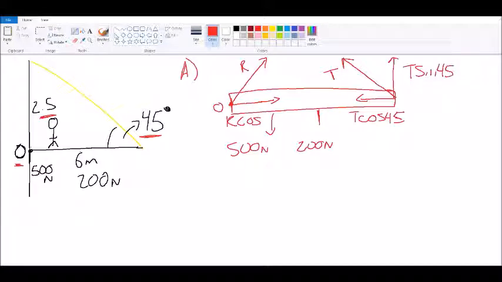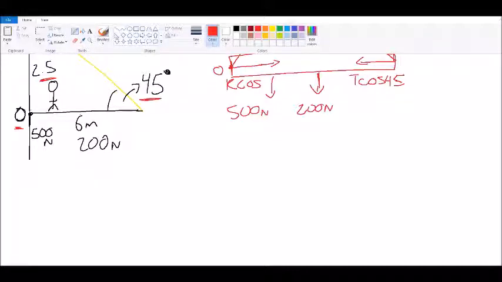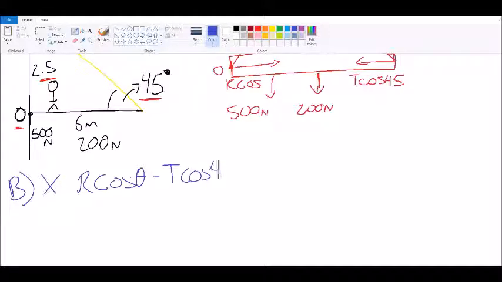So now that we have our free body diagrams drawn, we're going to draw equations, and what we're going to do is take them in the X and Y direction and make them equal to 0. So we're going to do that in blue. So here we're going to make the sum of the forces in the X and Y direction. So we're going to have X, which is R cosine theta minus T cosine 45 equal to 0.